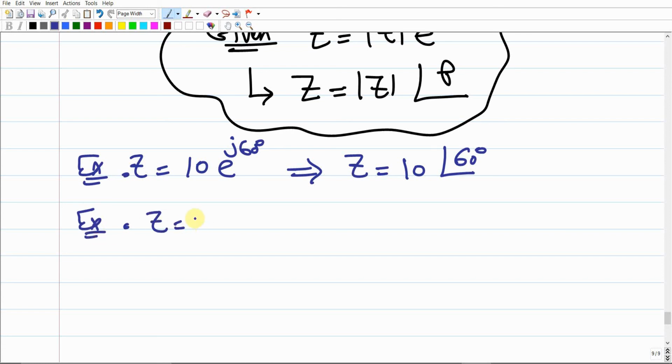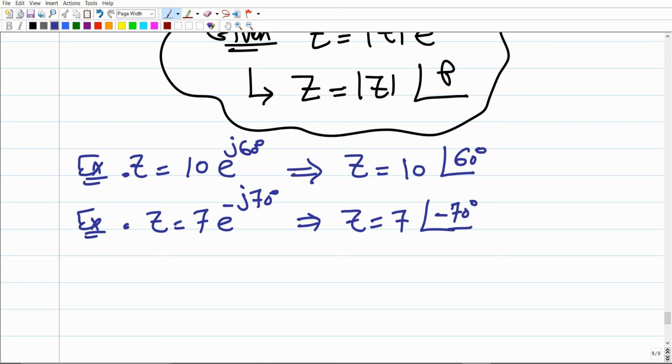If z is given by 7 e to the negative j 70 degrees, this is going to be z equals 7, and remember, by the way, this magnitude should be positive anyway. It cannot be negative. The angle can be positive or negative. So the angle here is negative 70 degrees. Make sense? So this is how we can convert from exponential to polar form.